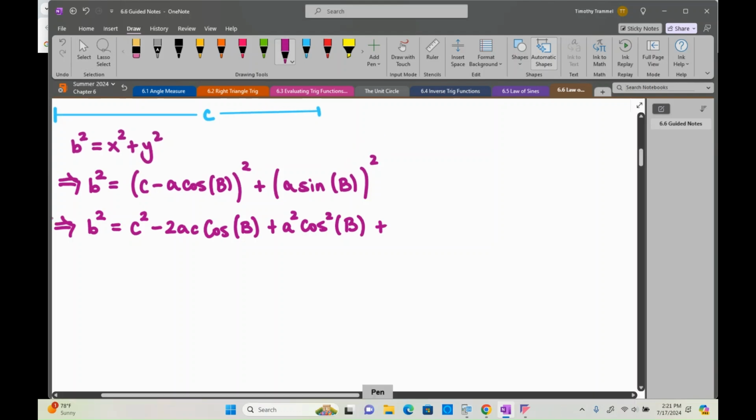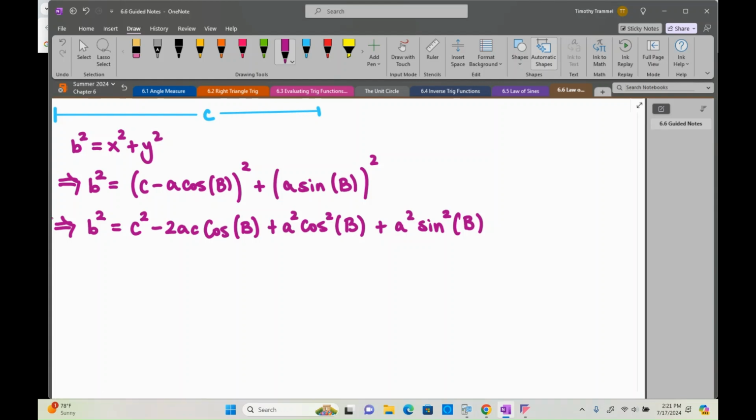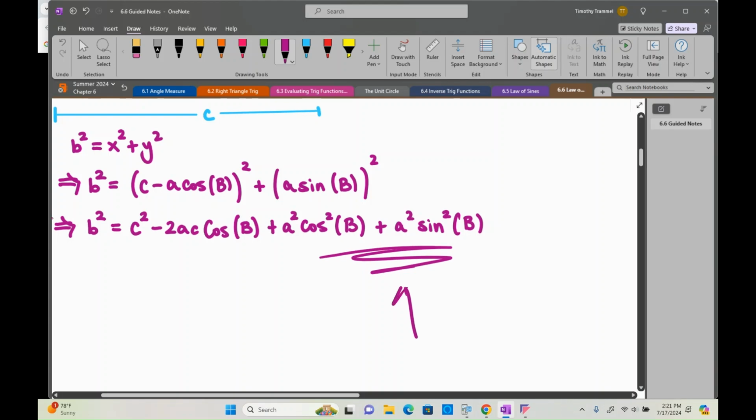If you square this, we get an a squared and a sine squared of B. And so it's going to actually be these two things where the simplification is going to occur. I can actually factor an a squared out of those.